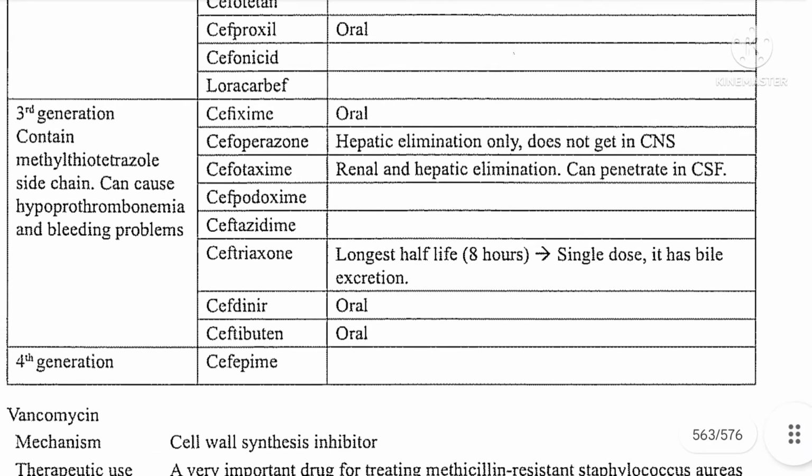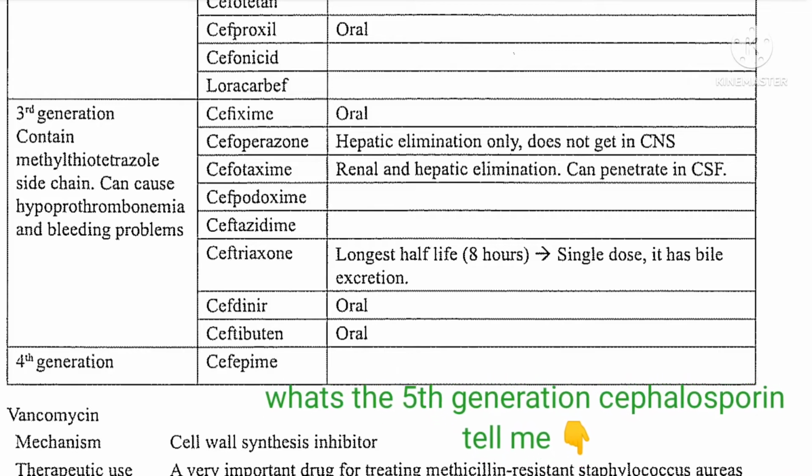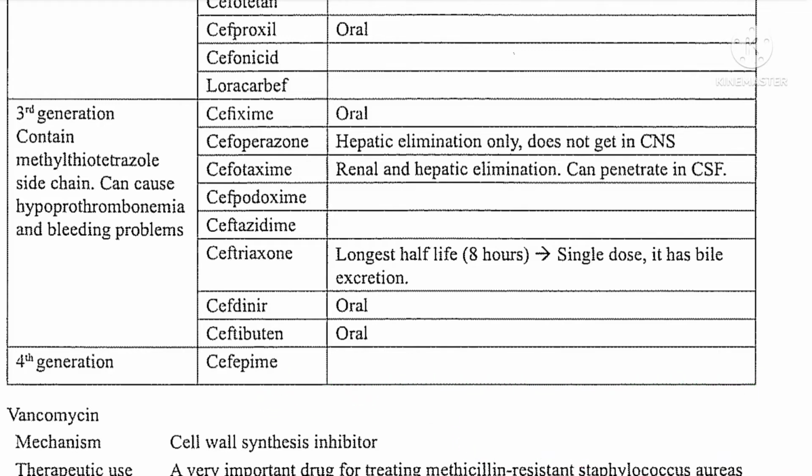Now the third generation, which is the most important generation of the cephalosporins, includes cefixime, cefoperazone, and all of these drugs you can see in the table. Also, the fourth generation includes cefepime.